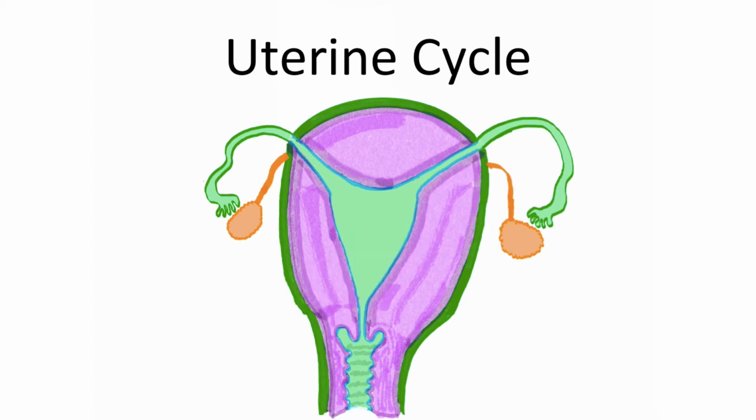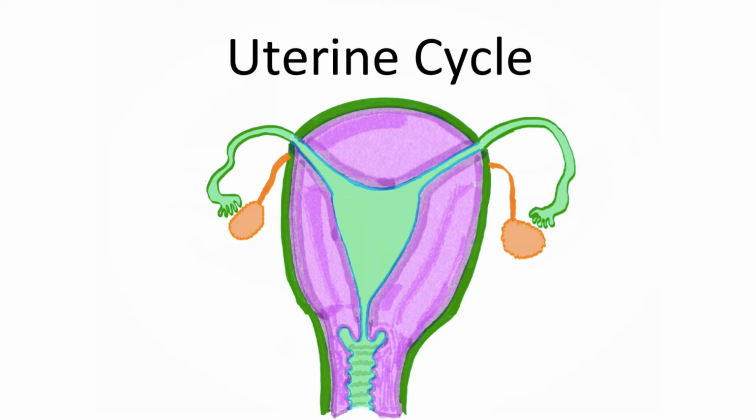So to be clear, the goal of the uterine cycle is to get the endometrium ready for implantation of a fertilized egg and the resulting pregnancy. If that's not going to occur, then we're going to have menses, and the cycle is going to happen again and again and again in reproductively mature females every 28 days.